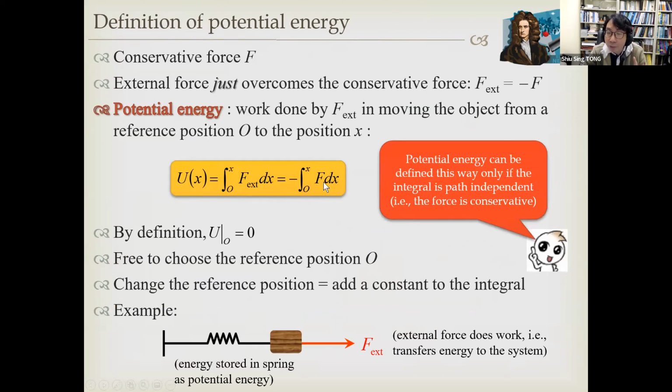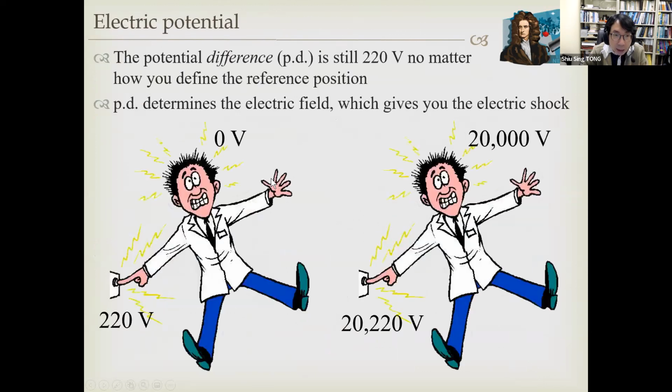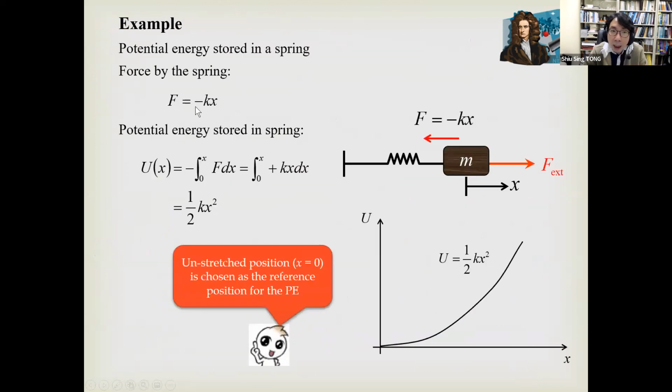The minus sign is there because I am actually referring to the work done by the external force. So don't forget the minus sign. Okay. So with this minus sign, I will be integrating the original conservative force, but now with a minus sign. So the two minus signs will cancel. So I'm integrating with a plus sign of kx. So I now get half kx squared as before. Okay, so the potential energy gain will be equal to half kx squared, because the work done goes to the potential energy. Now, if I plot U against x, I get such a curve.